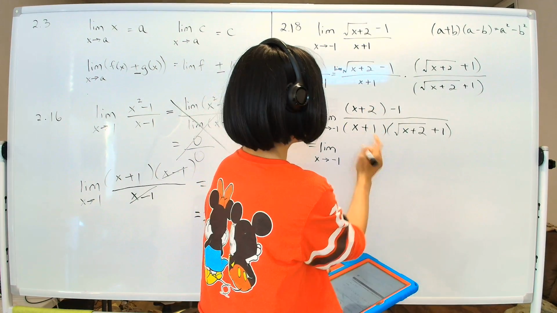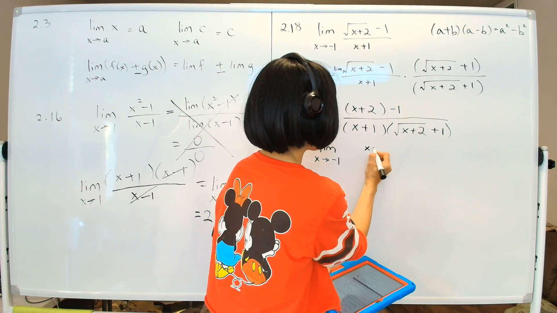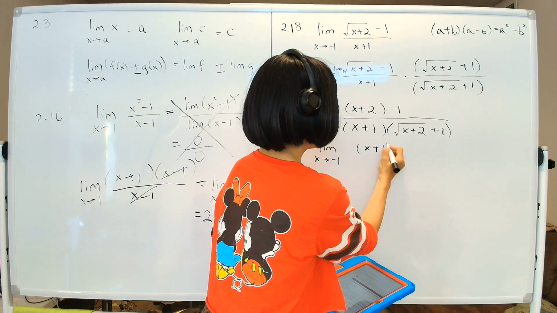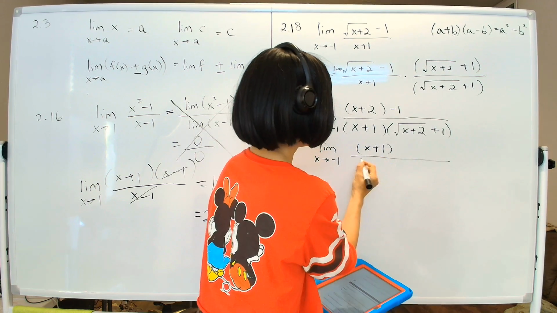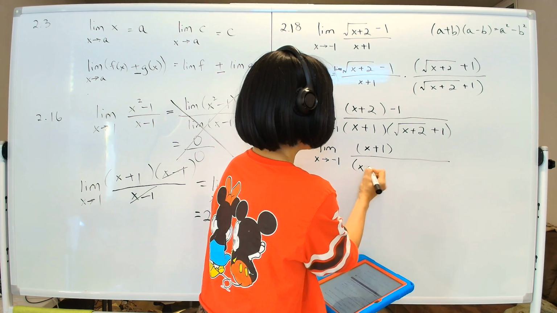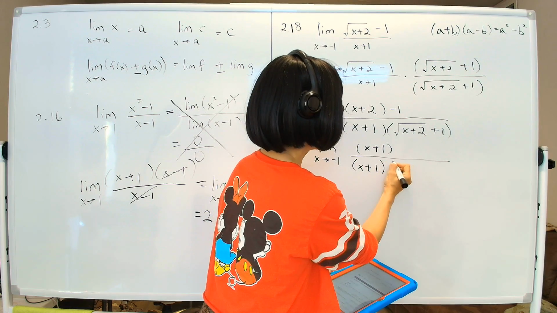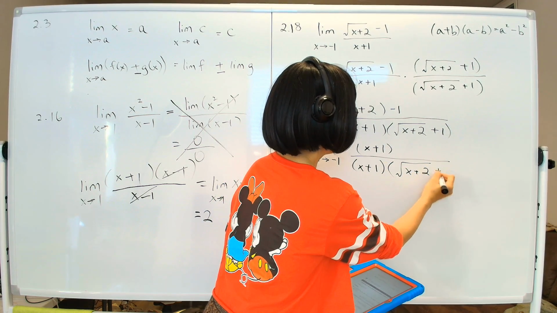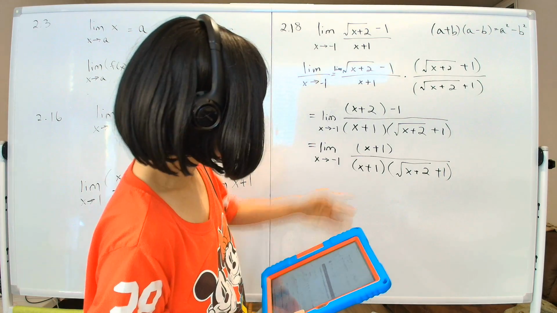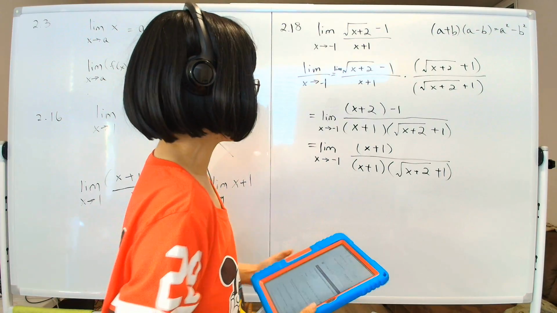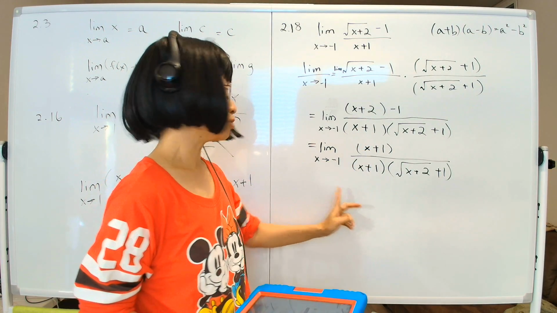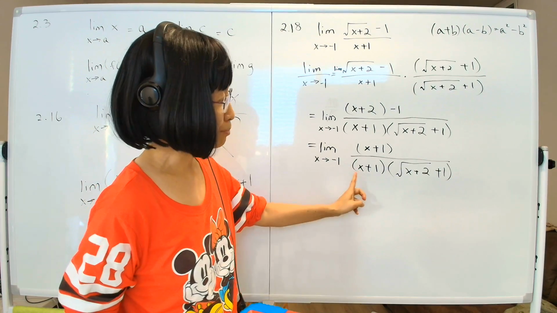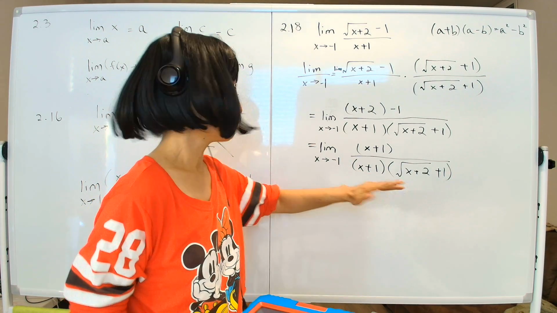So you have x plus 1 on top, I'll keep it in parentheses for no reason, and then on the bottom I'll repeat the bottom: x plus 2 plus 1. Now at this point you notice that you have an identical thing which you cannot cancel when x is -1, because x plus 1 makes the denominator 0, which is not acceptable.